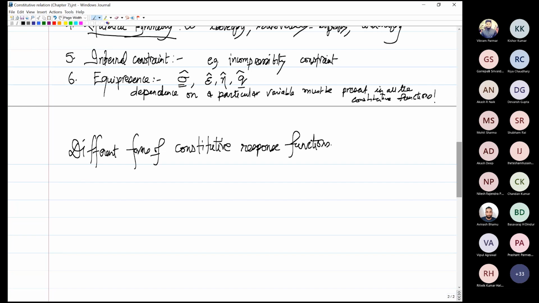Or there can be a constitutive response which also requires dependence on how the material has evolved with time. We say such materials are materials having memory or no memory. So materials with memory, it's a fancy word. It means the response of the material is such that it remembers how it has evolved in time.